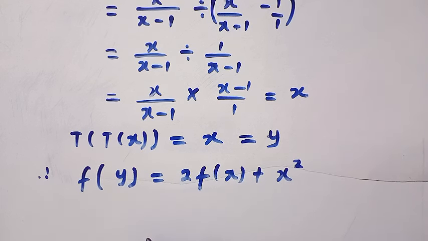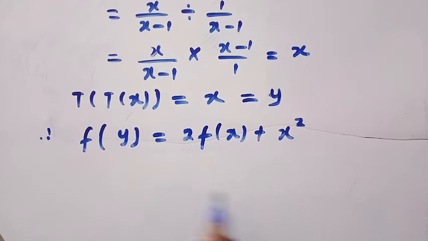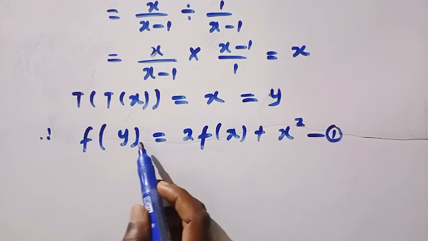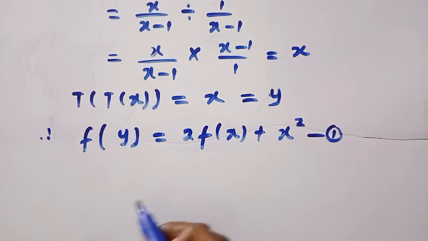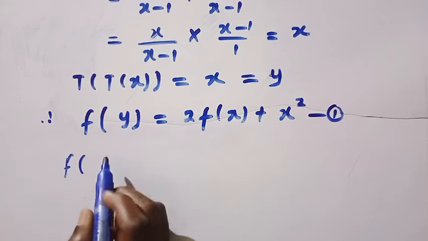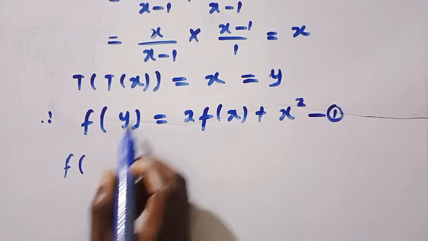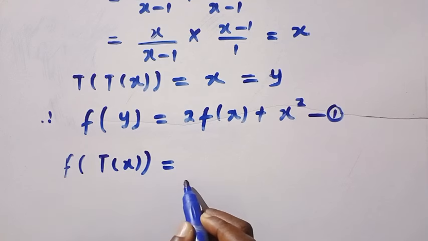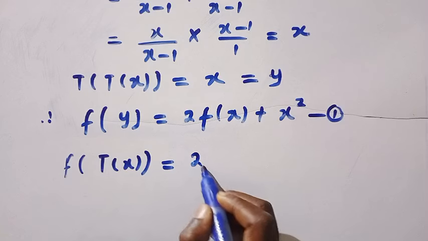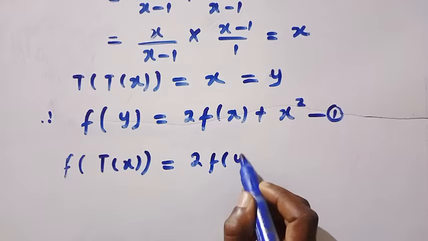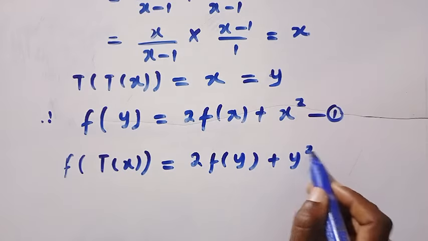After obtaining this, we are going to call this equation 1. And also, I want to replace every single x here with y. So changing all this to y, this becomes t of x and equals 2 multiplied by f of y, then plus y squared.